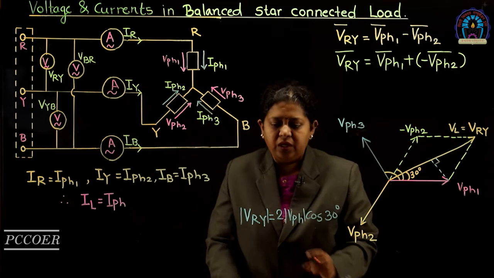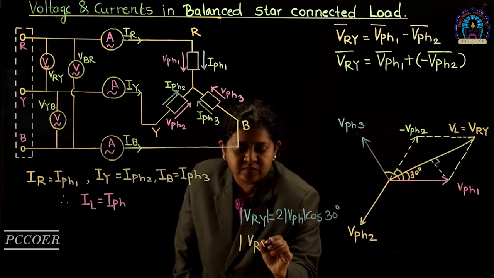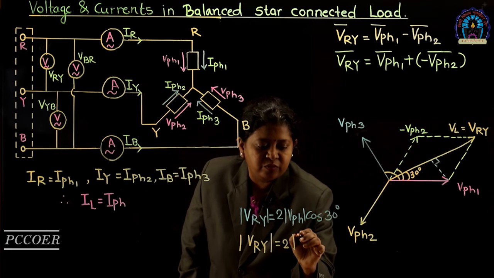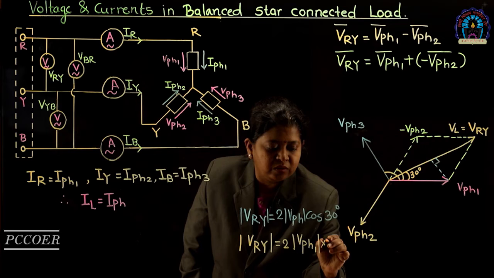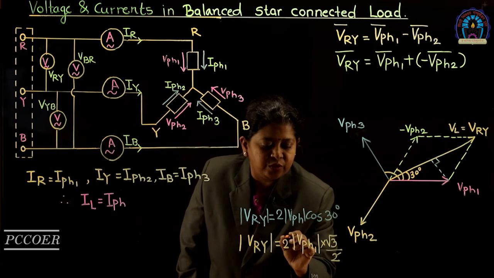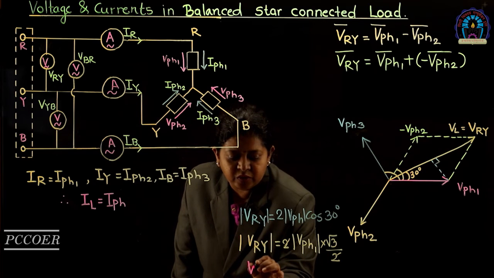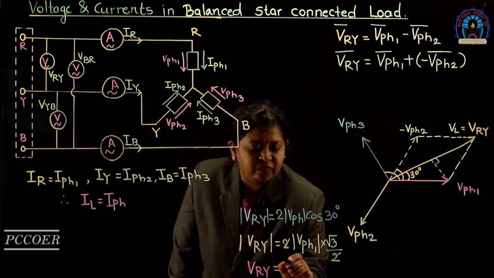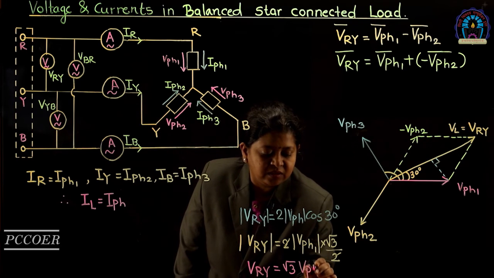So this is equal to two times VPH1 into root 3 by 2. This 2 will get cancelled, and we will get the equation for VRY as root 3 times VPH1.